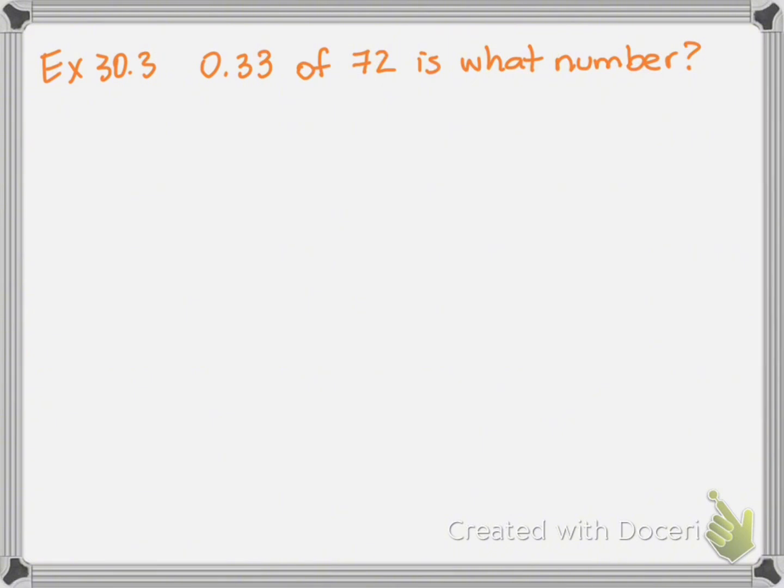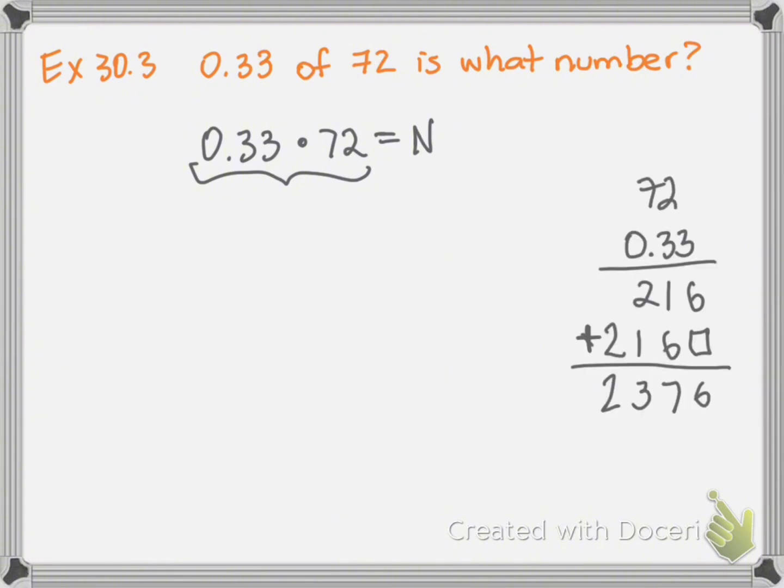The next example is very similar. So it is 33 hundredths of multiplication 72 is what number? Now notice that in this case, I don't have to pass one to the other side. They are already here on the same side. And what are they doing to each other? They're multiplying. When I multiply that, I get that number. But remember that we have 2 decimals.